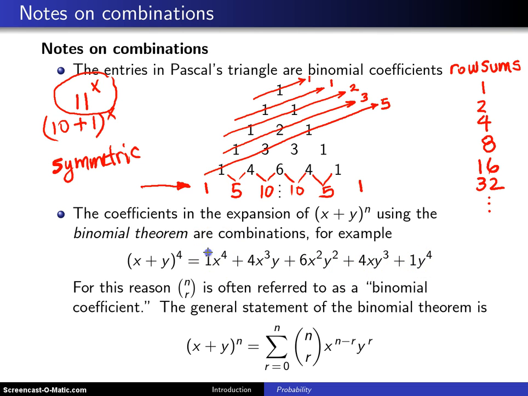Well, if you look at the coefficients here, 1, 4, 6, 4, 1, that is one of the rows in Pascal's triangle. So this is why it's referred to as a binomial coefficient. The general statement of the binomial theorem is if you want to take x plus y and raise it to the n power, you get this summation, and there is your binomial coefficient, which of course is related to combinations.